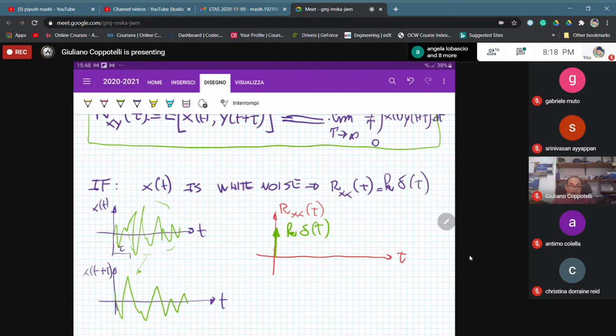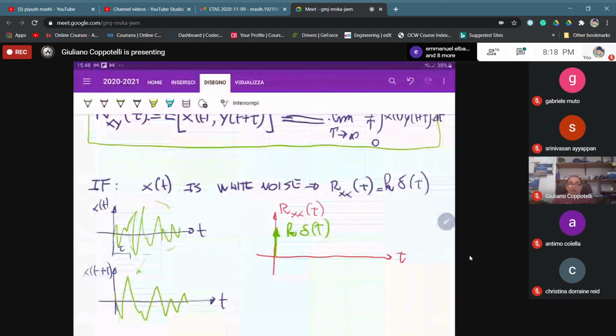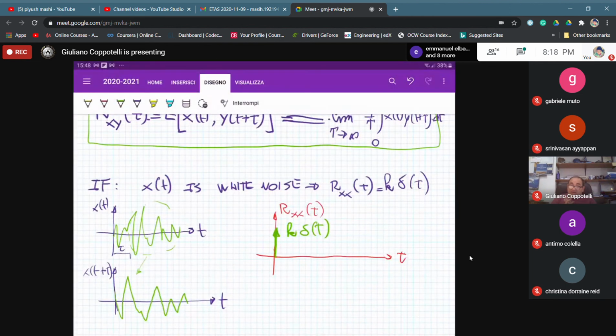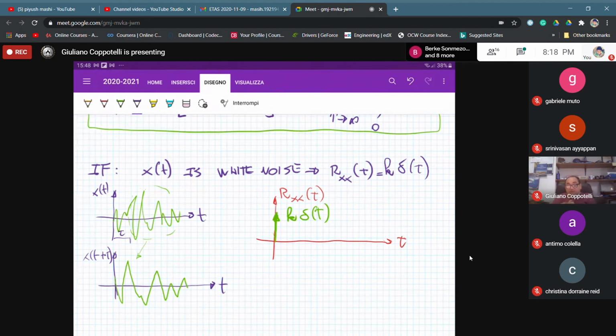Because we are dealing with white noise, by definition, it is completely noise. What we have is that if we have these two functions, x and x plus tau, when tau is equal to 0, these two signals are the same, so we have the maximum value of the correlation function.